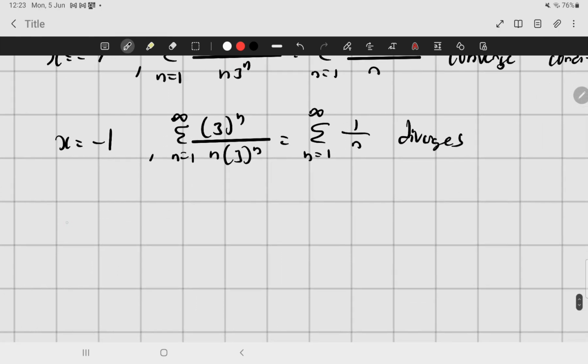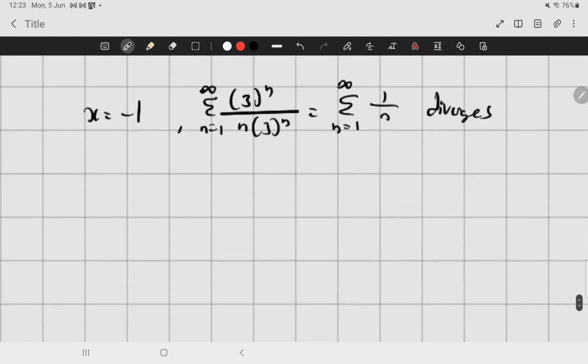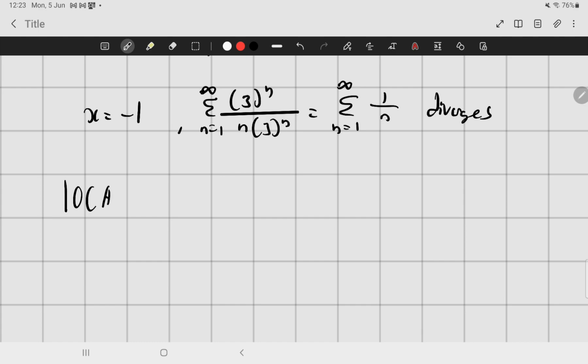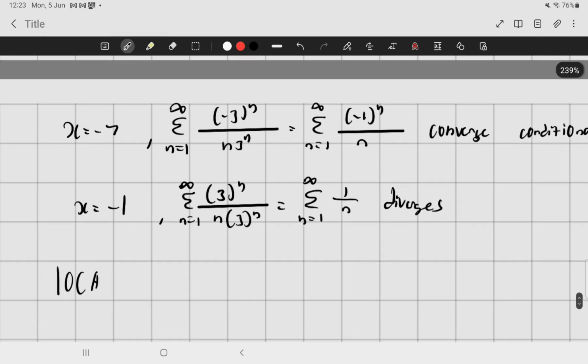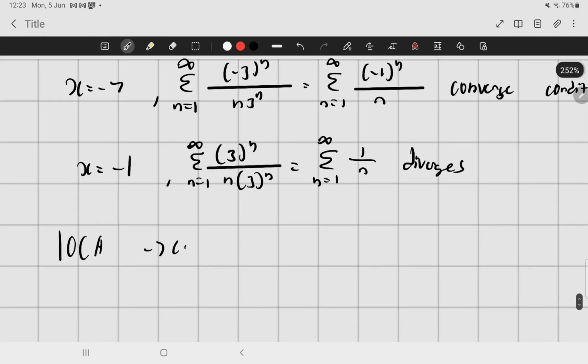Now, for the interval of absolute convergence, I'm going to use a short form this time, IOCA, interval of convergence absolutely. So that will be, in interval form, (-7, -1).